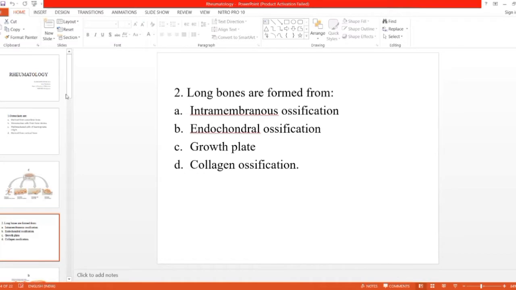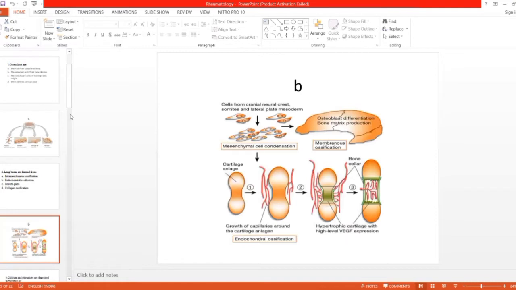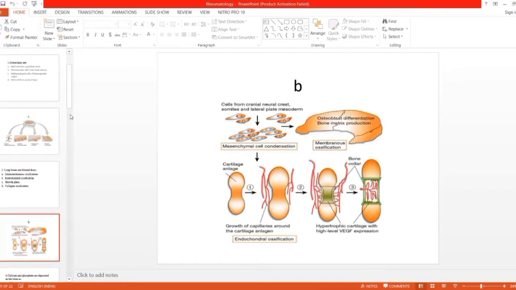In this picture we can see the ossification, just for your better understanding. Option B here is the mesenchymal cell.